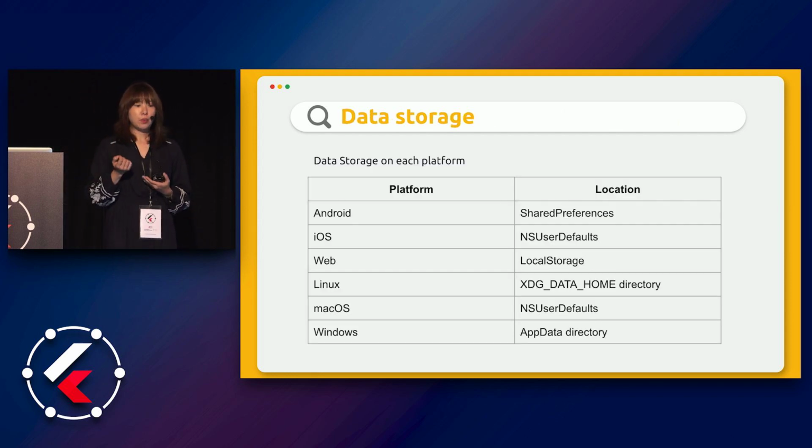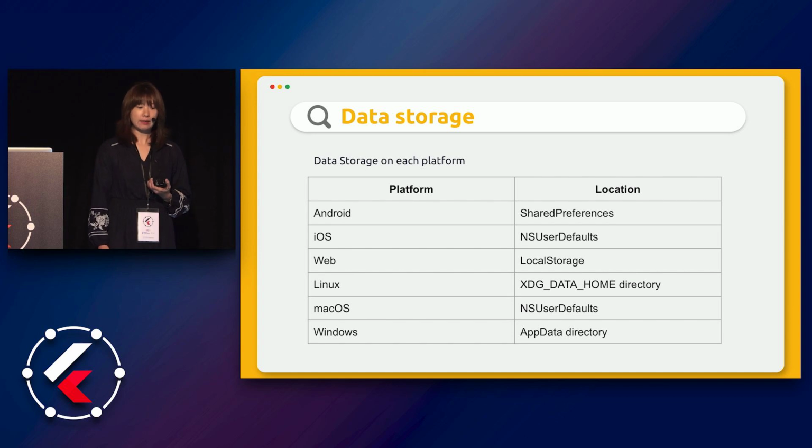Another thing we need to think about on desktop is data storage. It's 90% similar to how we store data locally on a mobile device, with something slightly different in terms of location. For Android, we have shared preferences.